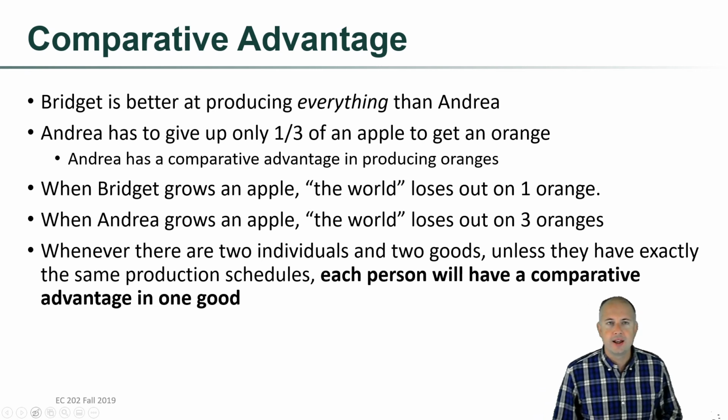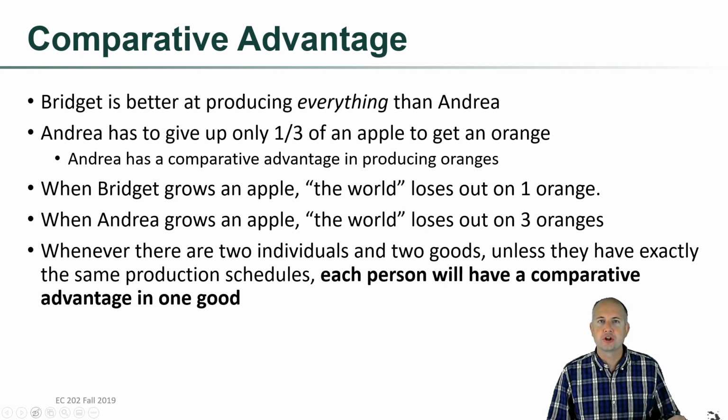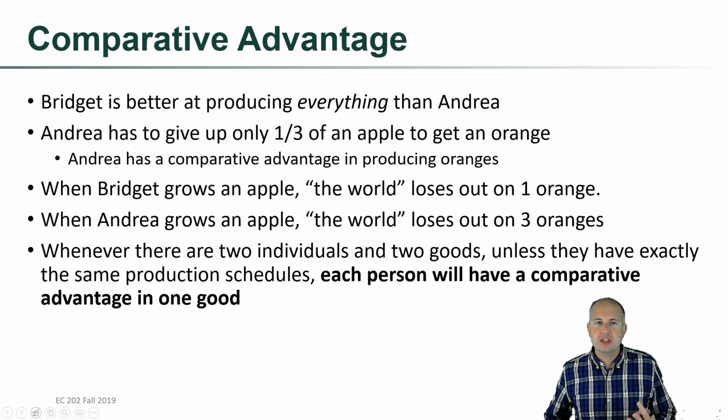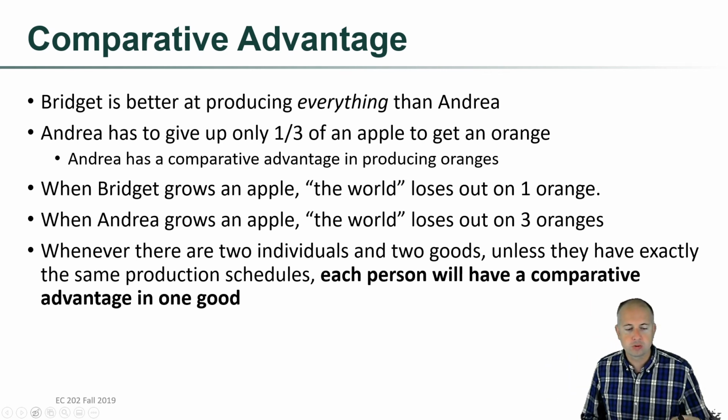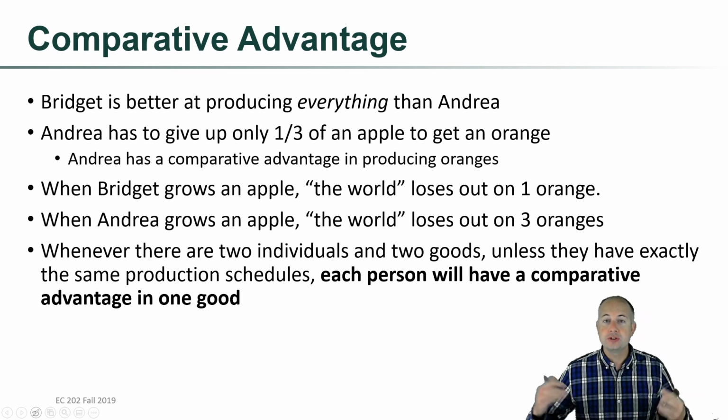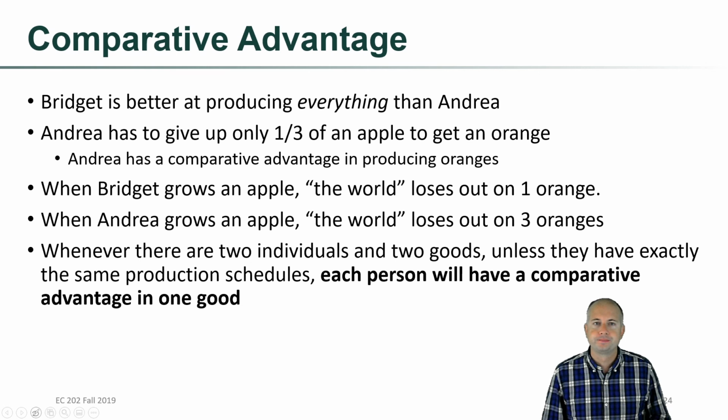So Andrea has to give up only a third of an apple to get an orange. So even though Bridget's better at everything, Andrea still has a comparative advantage in producing oranges. Because when Bridget grows an apple, the world loses out on one orange, right? There's one fewer orange in the world. When Andrea grows an apple, the world loses out on 3 oranges. So there's 3 fewer oranges in the world.